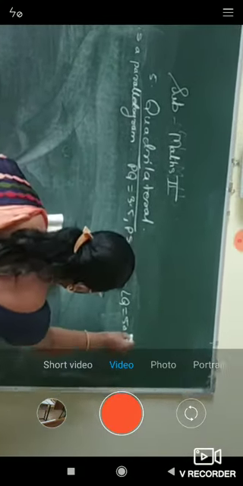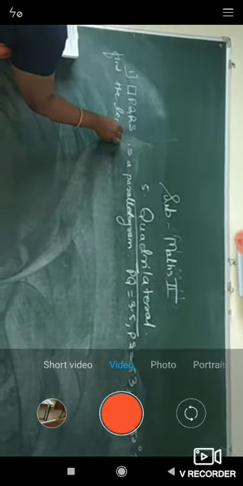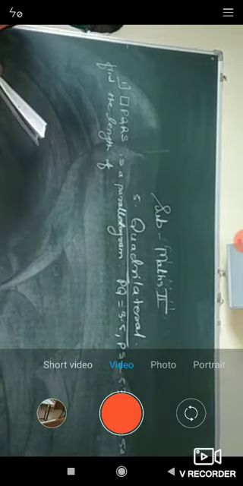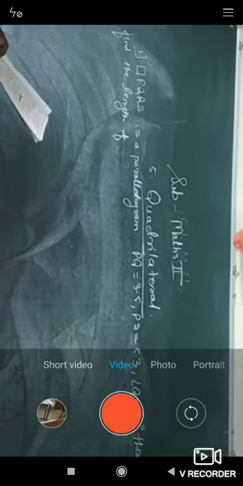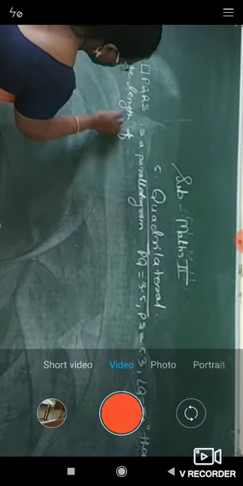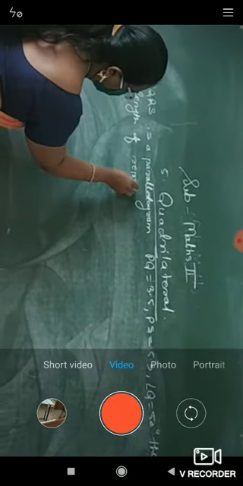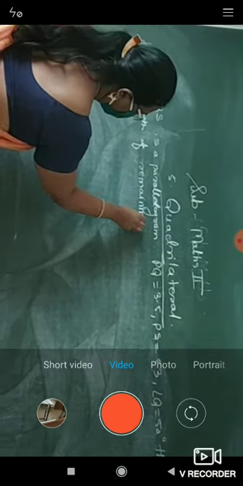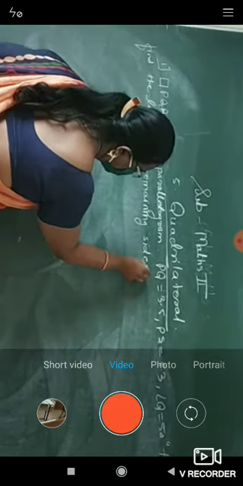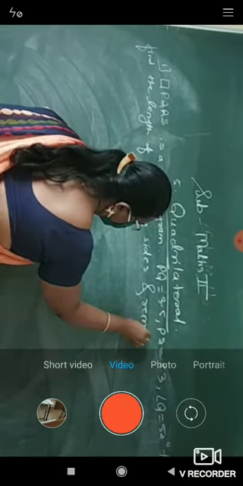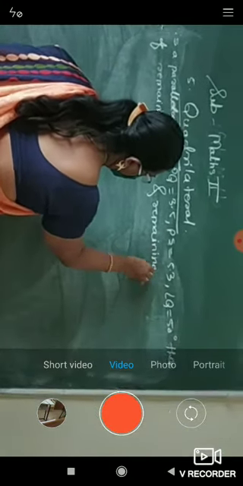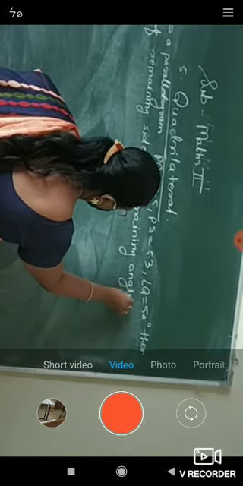Then find the length of the remaining sides and the measure of the remaining angles. Okay, this is the question.